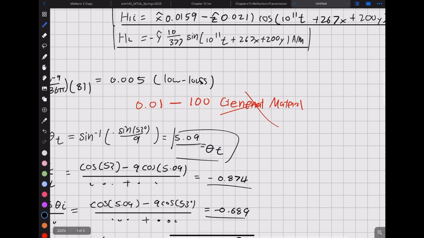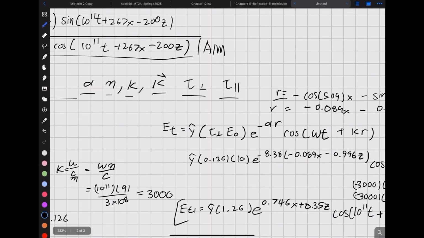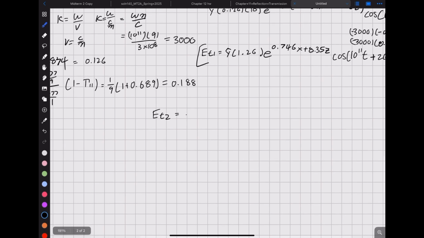So let's write that down. We have x hat cosine of 5.09 minus z hat sine of 5.09 also.